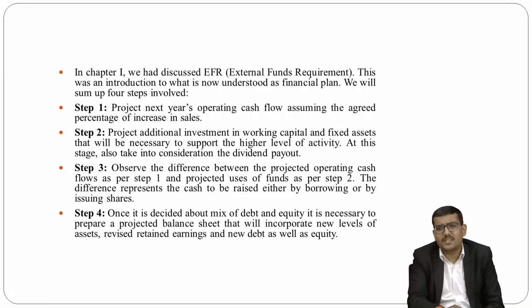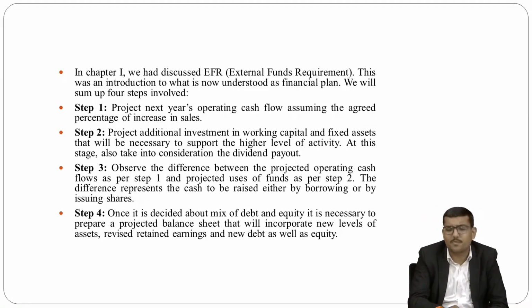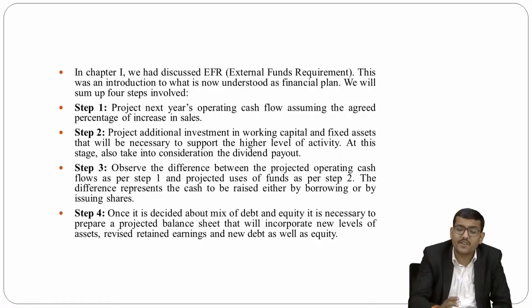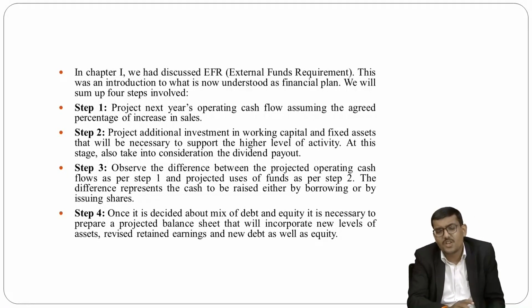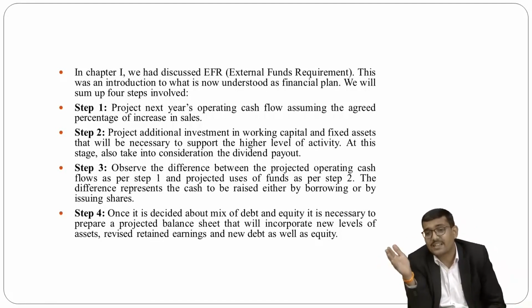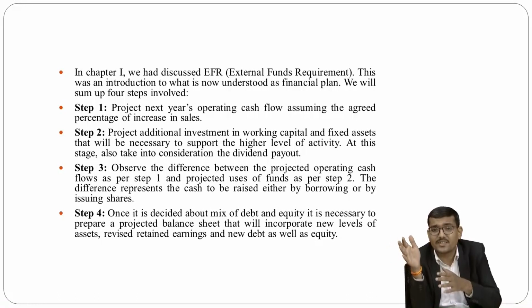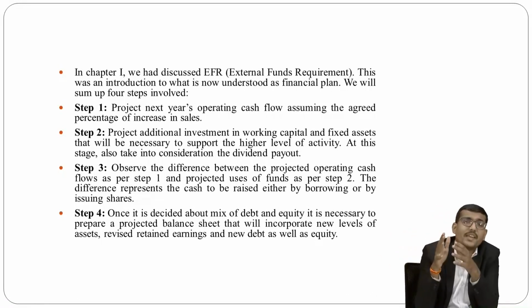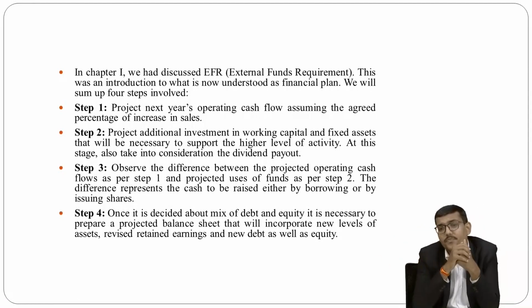In chapter 1 of financial management, we determined the different requirements of funds, that is, the internal as well as the external fund requirement. So we had discussed the EFR, that is, external fund requirement, in a previous session, or we can say in previous chapters.